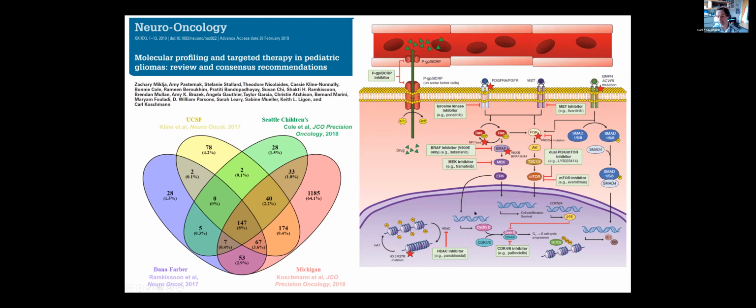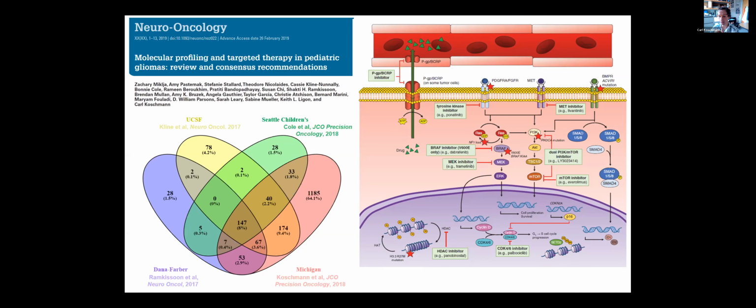When it came down to it, when you start doing precision medicine work, it feels like there's an infinite choice of drugs that you could come across. In fact, there are new drugs coming out on a regular basis, but in the end, it does come down to a very small number of pathways that you're targeting. And probably, if you look at tumor boards at these centers and other centers that have some of these newer PNOC trials with precision medicine, it is not an infinite number of drugs.